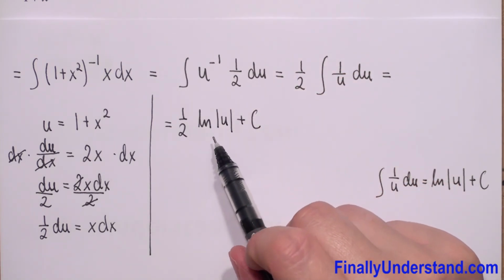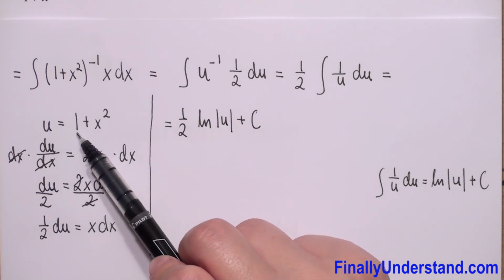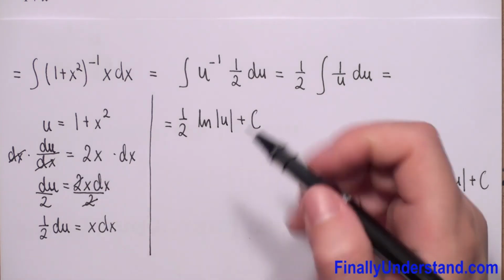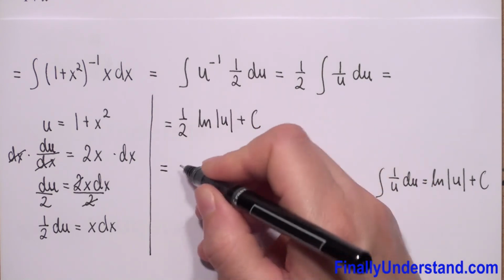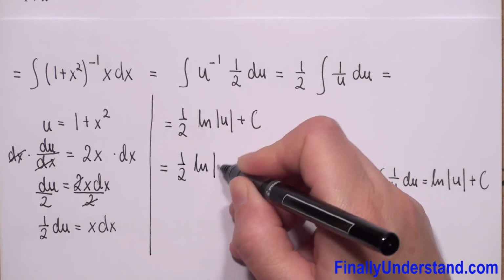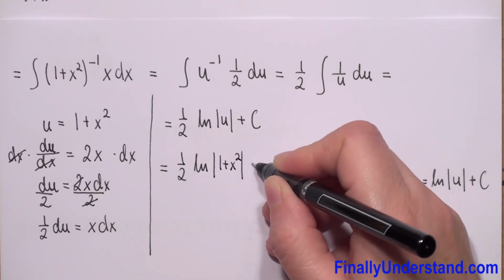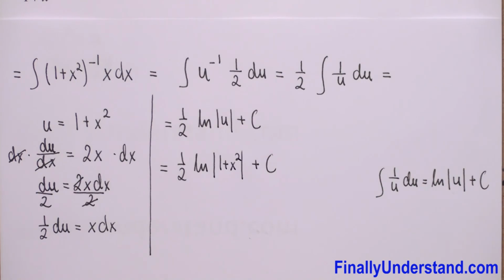Now we have to come back to our substitution. We know that u is equal to 1 plus x squared. So this is equal to 1/2 times the natural logarithm of 1 plus x squared, absolute value of course, plus c. This is my solution.